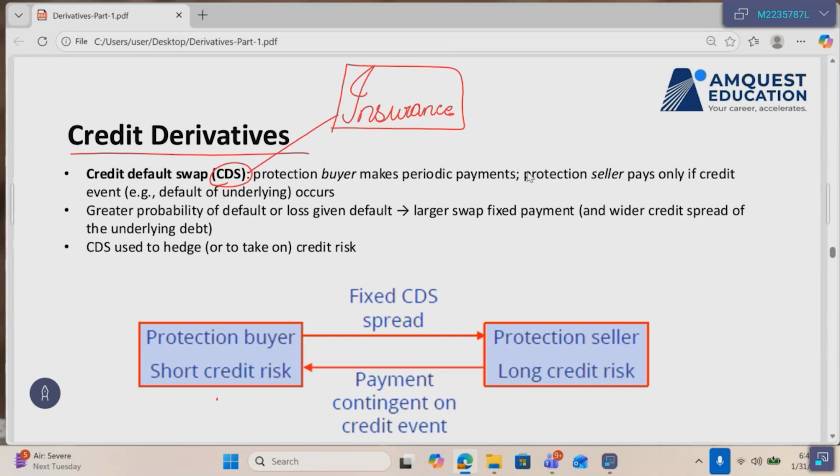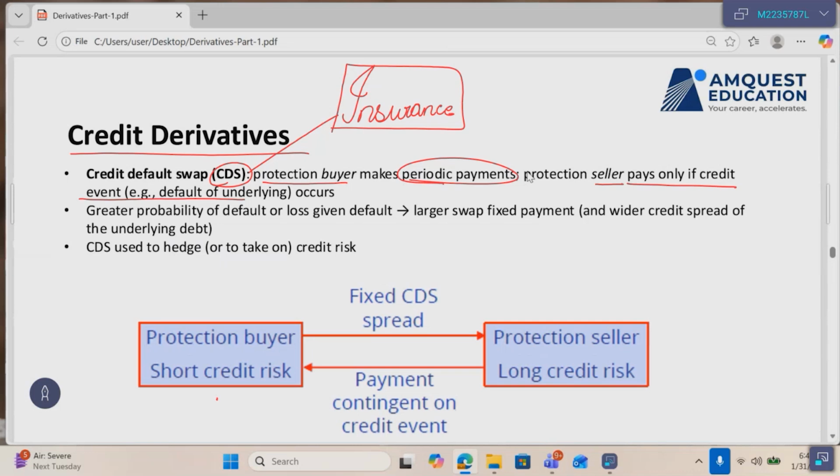So what are you doing? The protection buyer makes a periodic payment like insurance, and in return, the seller is giving you protection against a default. Let's say Vijay Mallya, you gave him 1 crore and you took a CDS. If Vijay Mallya defaults, you pay me money. So if Vijay Mallya defaulted, this CDS would have paid you the money. It is saying I guarantee.